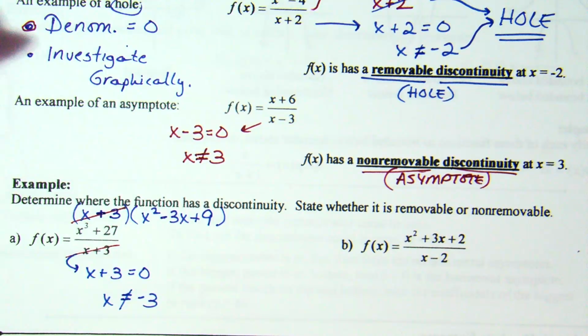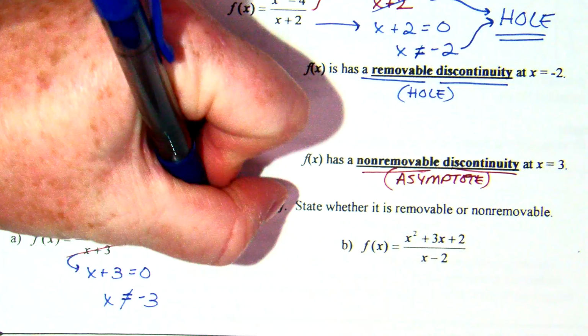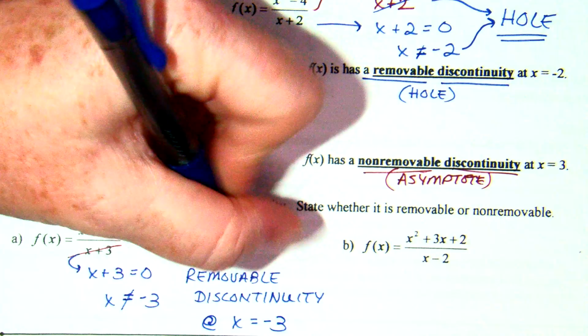x plus 3 can cancel with x plus 3. So what kind of discontinuity is this at negative 3? It's a removable discontinuity. Or in other words, it is a hole. So removable discontinuity.